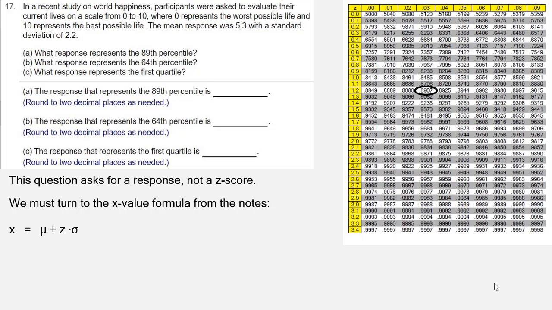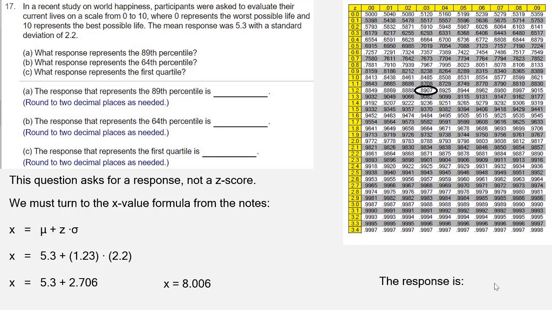The mu is 5.3, the sigma is 2.2, and we just found a z-score of 1.23. We multiply, and we get 5.3 plus 2.706, which is 8.006. Rounded to 2 decimal places, the response that represents the 89th percentile is 8.01.